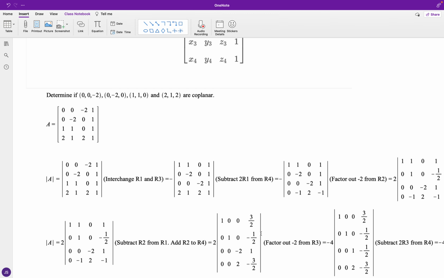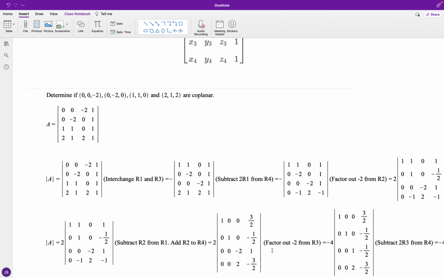So for the first row as well as the last row, I have 1, 0, 0, 3 halves, and I have 0, 0, 2, negative 3 halves. Looking at what we have now, I got 1, 0, 0, 0, then 0, 1, 0, 0, and I want to have 0, 0, 1, and 0.